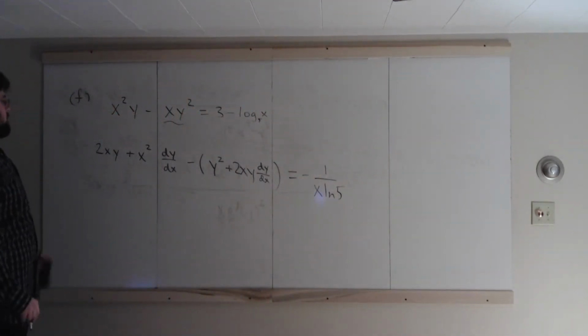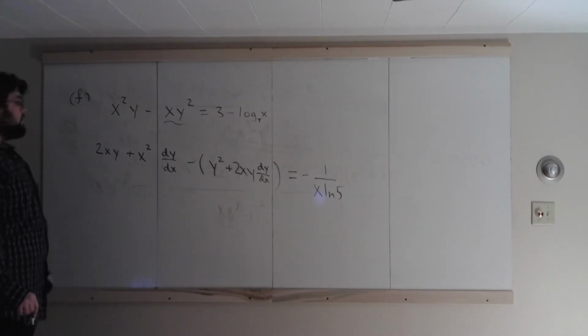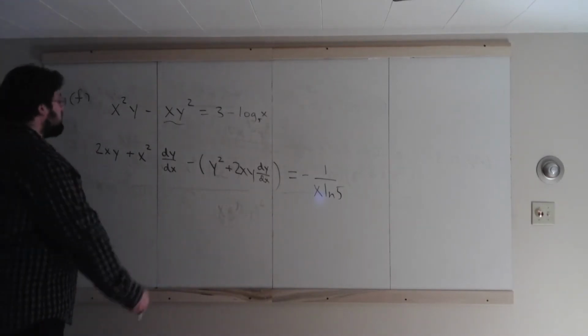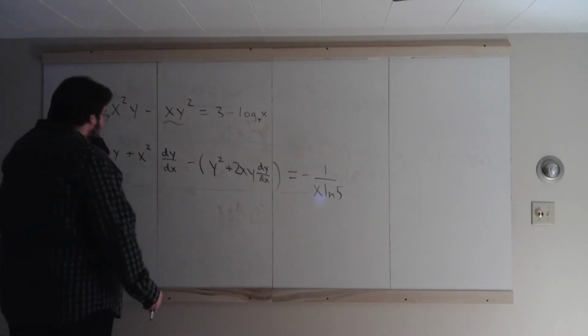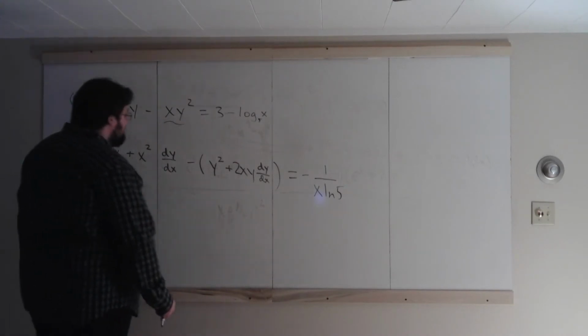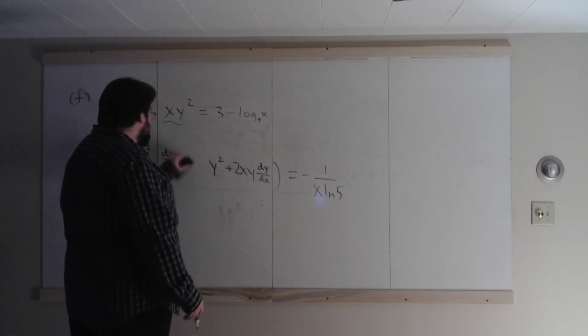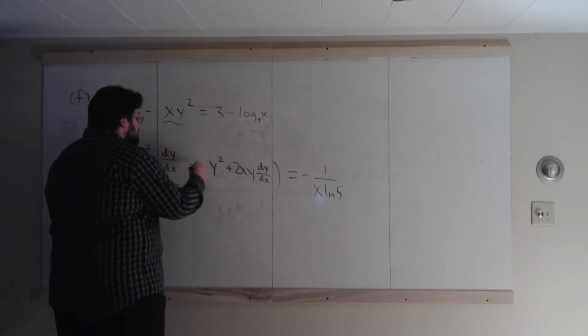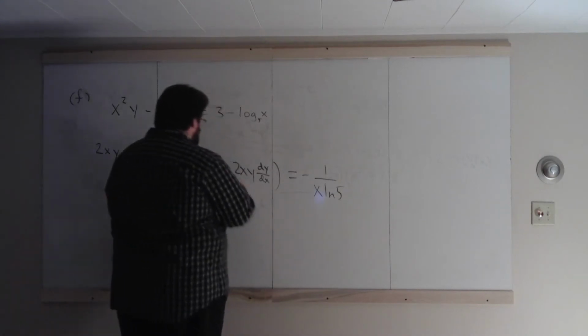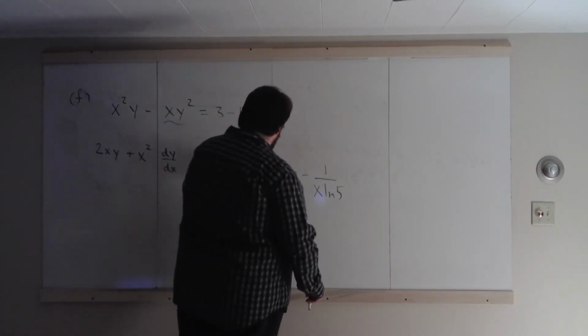Now all we have to do is put the dy dx's on one side, put the things without dy dx on the other side, simplify and solve. So let's do that. Well, I'm going to use the whiteboard to my advantage, and get rid of the parentheses like this. Distribute the negative.